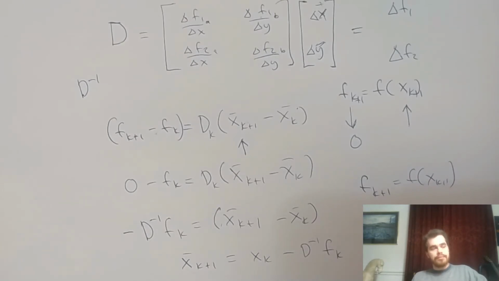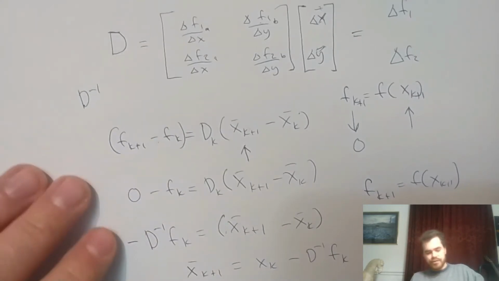Broyden's method says, let's avoid recalculating the Jacobian. Let's instead get an estimate of what our Jacobian is based on the information that we have and some clever assumptions. So what are those clever assumptions, and what information do we have?